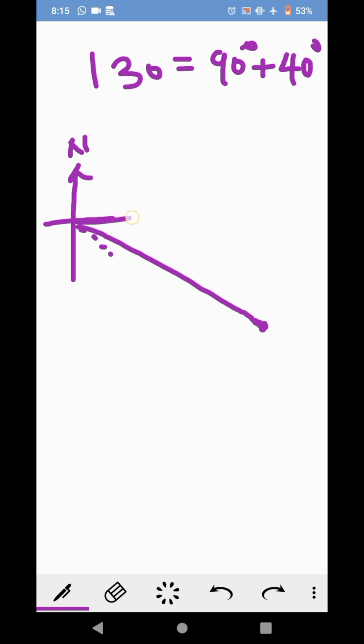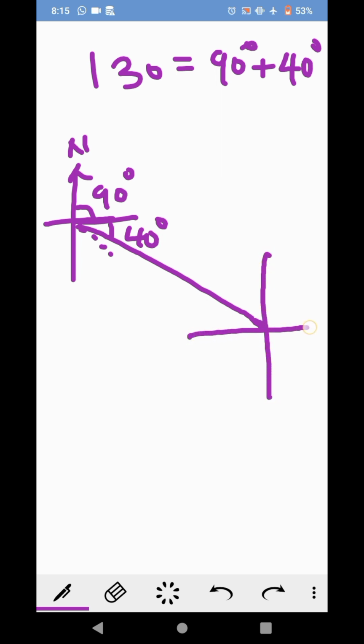If you fill up correctly, here will be 90 degrees and here will be 40 degrees. Okay, so here we draw our cardinal point as well, that's the north.